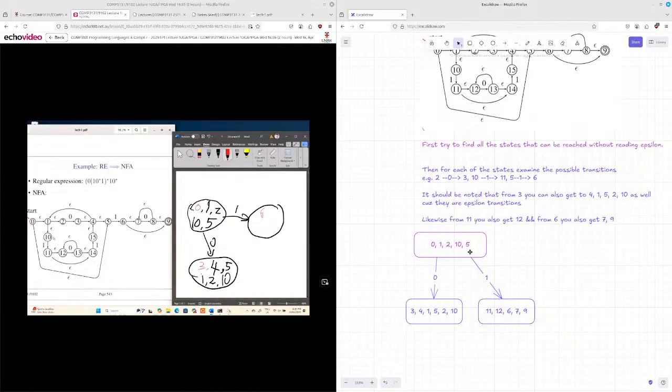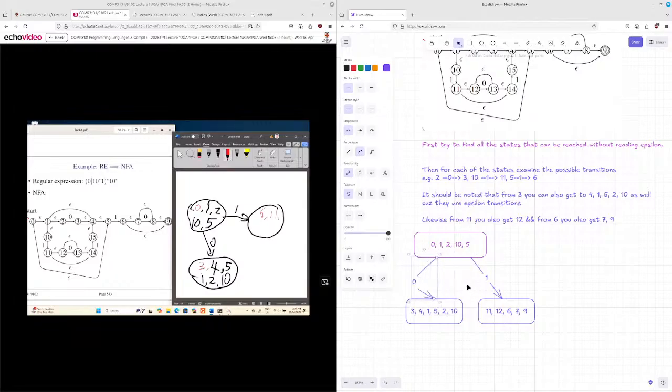If the machine is at 10, it can move to state 11 along this transition labeled by 1. Okay. So that means if the next input is 1, the machine can follow a transition labeled by 1 to either 6 or 11.